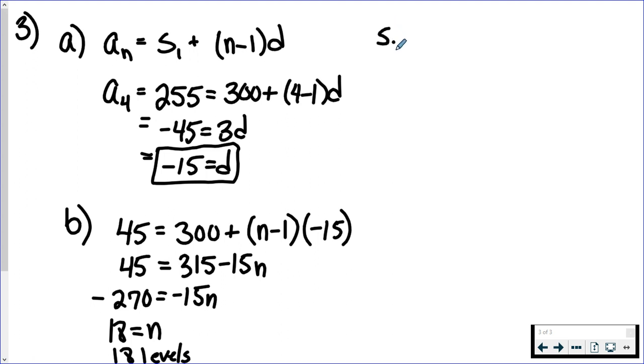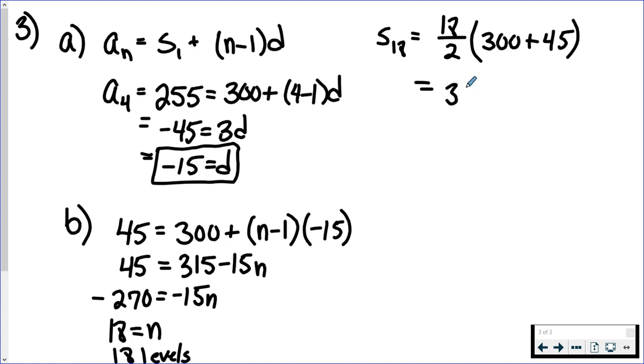So we're going to be doing S sub 18, and that equals n over 2, which in this case is 18 over 2, times the quantity of the first term, which is 300, plus the last term, which is 45, and that equals 3,105 seconds. And that is it for number 3.